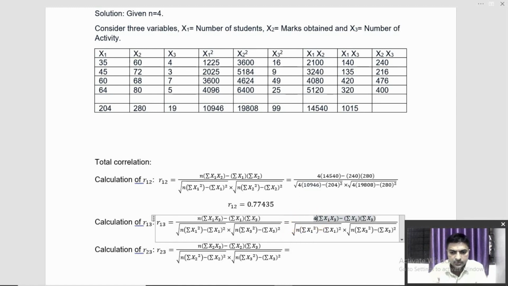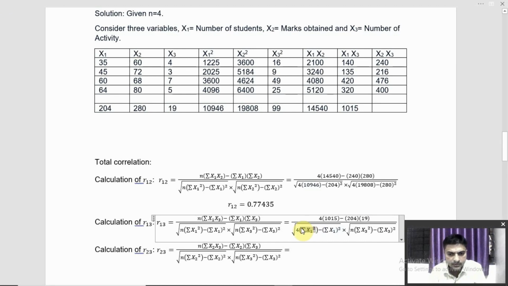So this you'll get 4. What is summation x1 x2? Summation x1 x2 is on the screen, this is summation x1 x2 10. What is summation x1? Summation x1 is 204. Summation x3 is 19. Then n here we have 4.